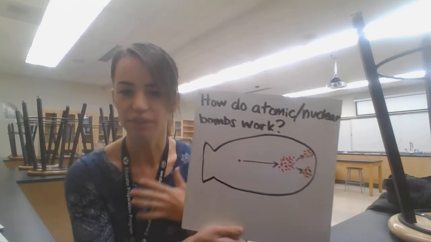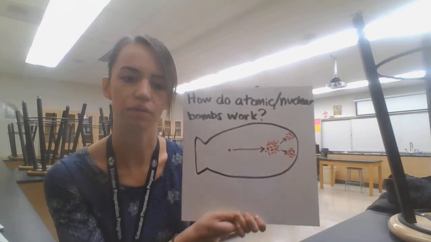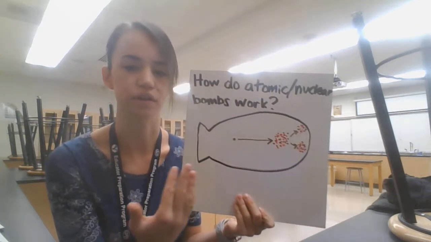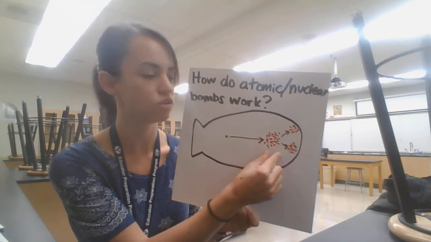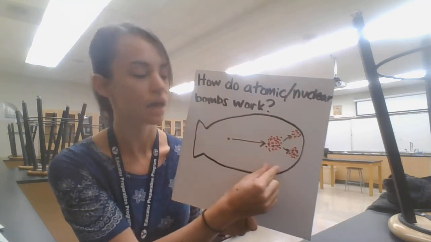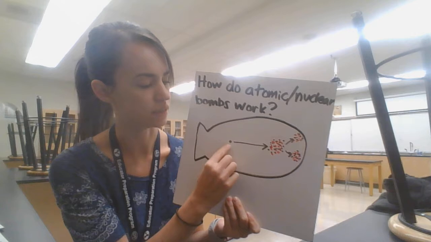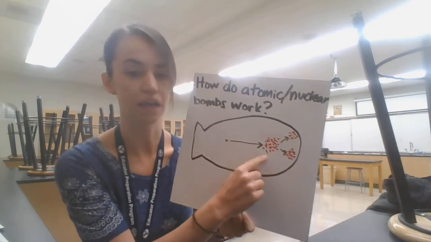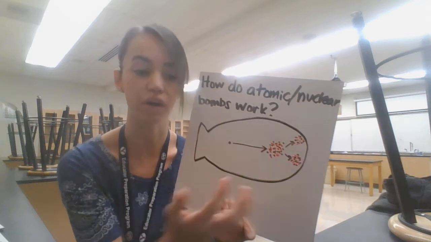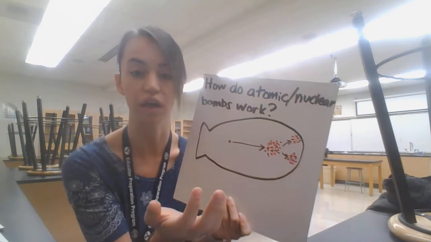There are lots of different ways this could work, but probably the easiest one for us to understand is that we start down here with an unstable nucleus, and usually there would be a few of these. Then we shoot a particle at it, and that causes it to break apart into two different nuclei.